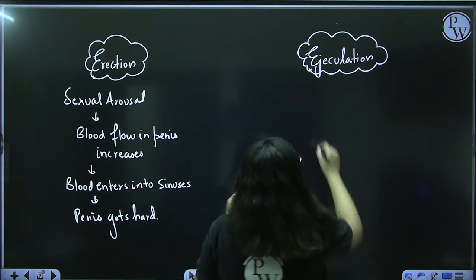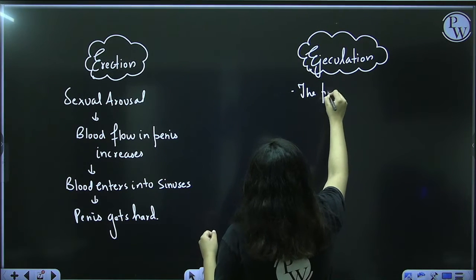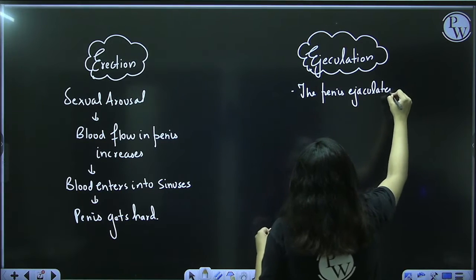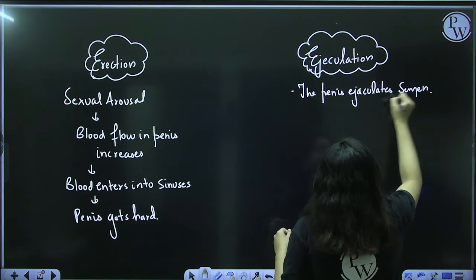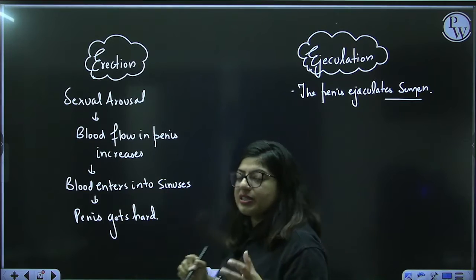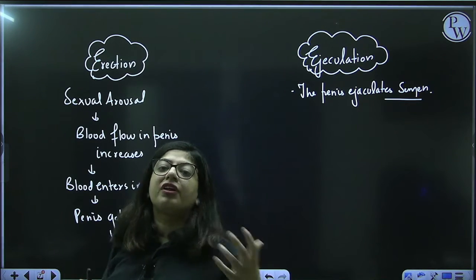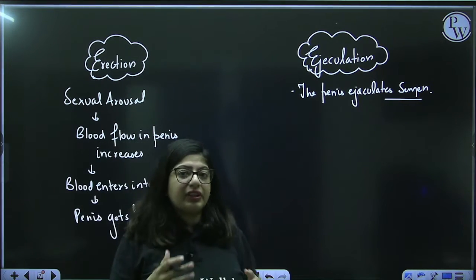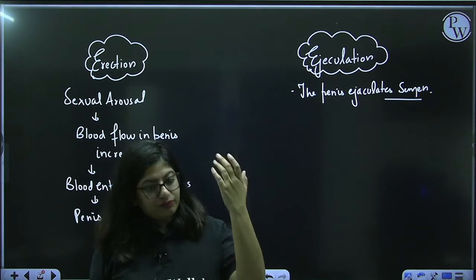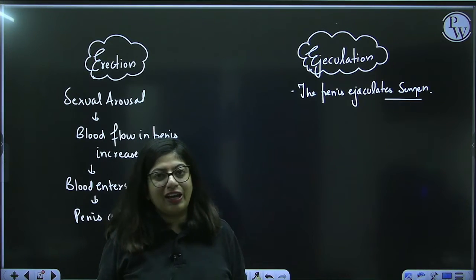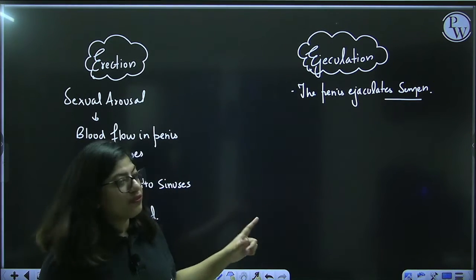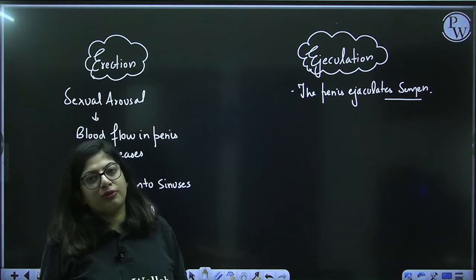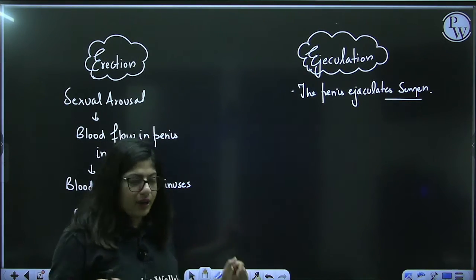So, in ejaculation, the penis ejaculates semen, right? This is also under the effect of the nervous system. As I have told you, when the command has been sent by the brain, everything will be under the control of the nervous system only. Okay. So, these are the two important functions of the penis, erection and ejaculation, and the sole purpose is reproduction, to increase the progeny. Okay. Alright.